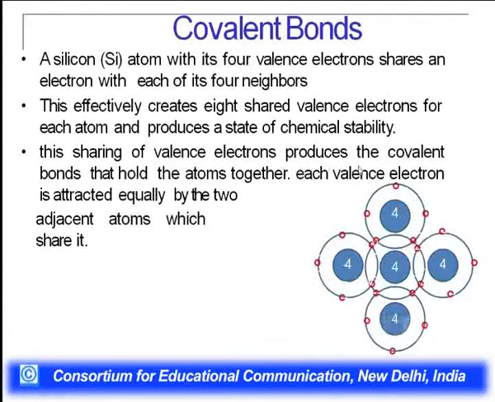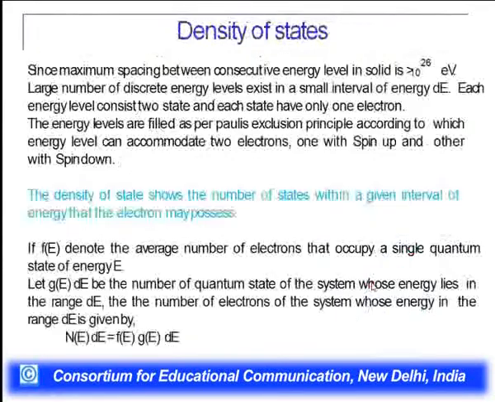This sharing of the valence electrons produces a covalent bond that holds the atoms together. Each valence electron is attracted equally by the 2 adjacent atoms in each share.